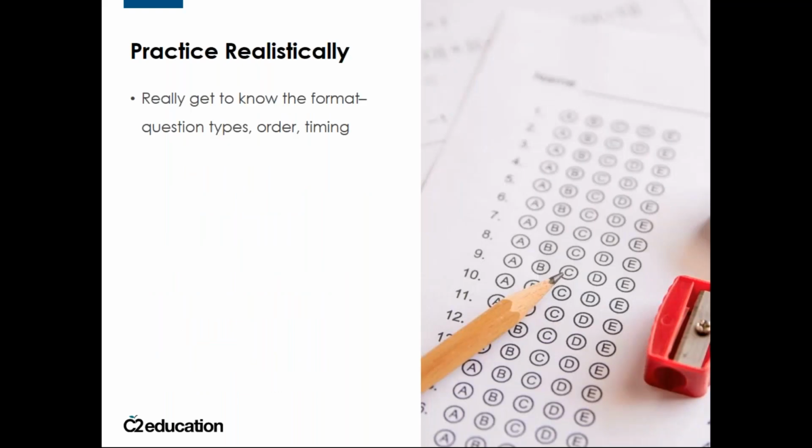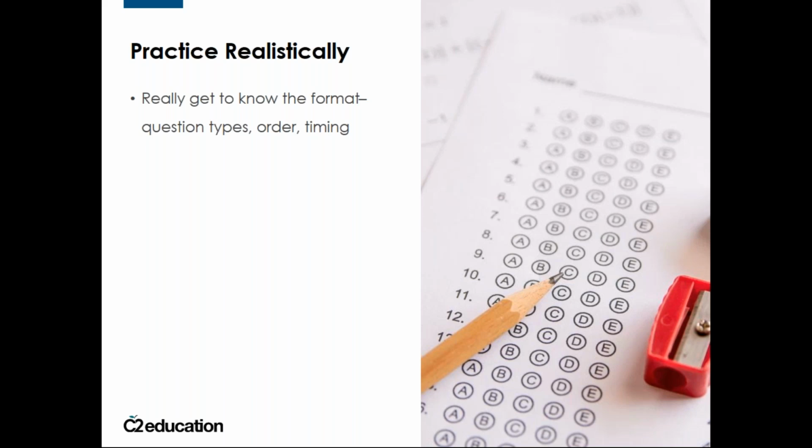Now, again, we talked about practice tests. When you do practice tests, you want to make sure you are practicing as realistically as possible. You want to use the format of the questions, the exact formatting of the questions if possible. The order of the questions, right?